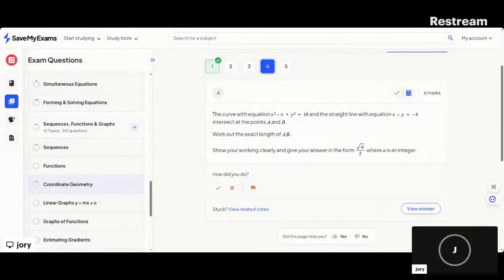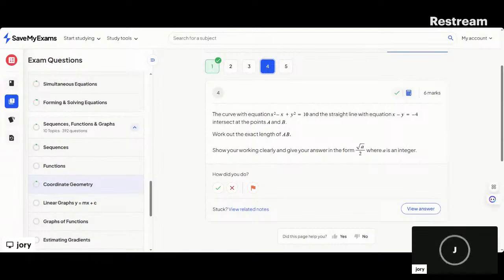I need a new piece of paper. I'll just use this one. A curve. Okay, find out points A, B first.